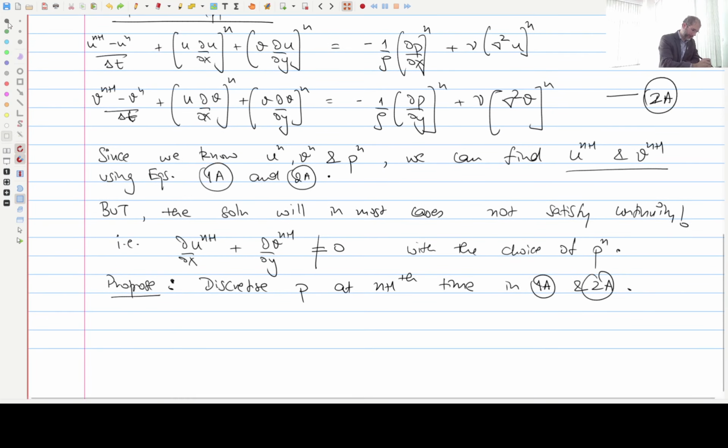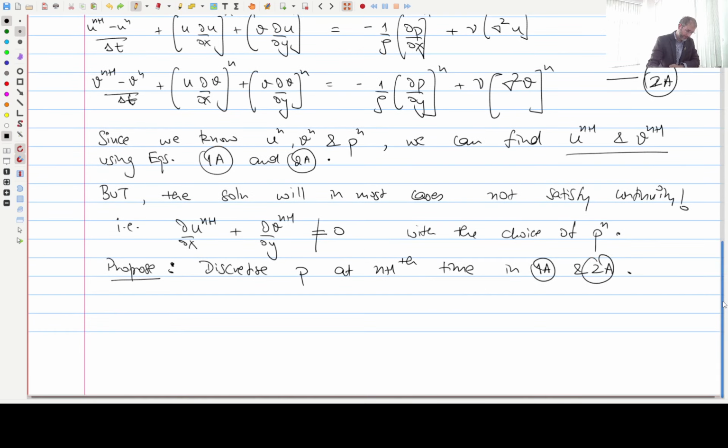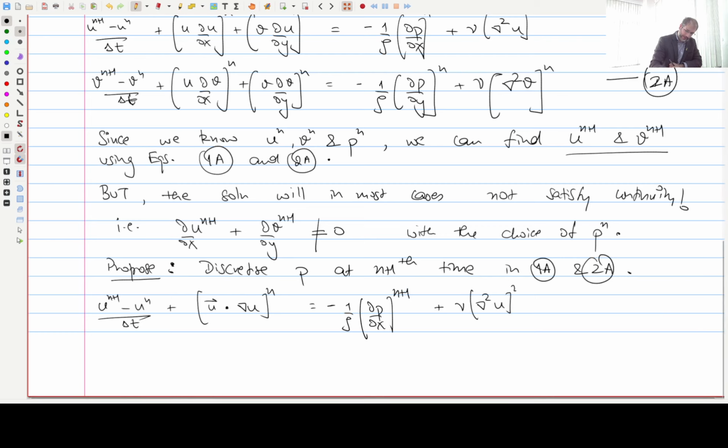It's much easier if I just write it again. I think it will be okay if I write the compact form. The difference is this is at the n plus 1th time, the pressure gradient, but everything else stays as it is.